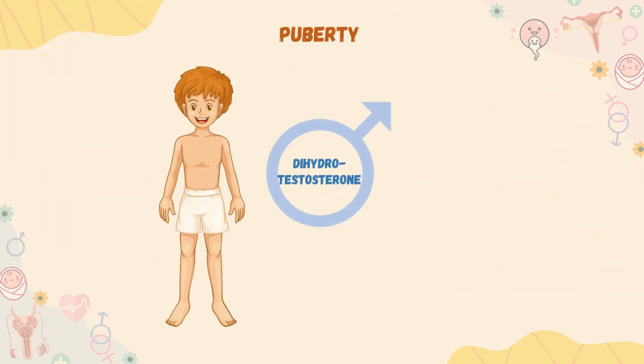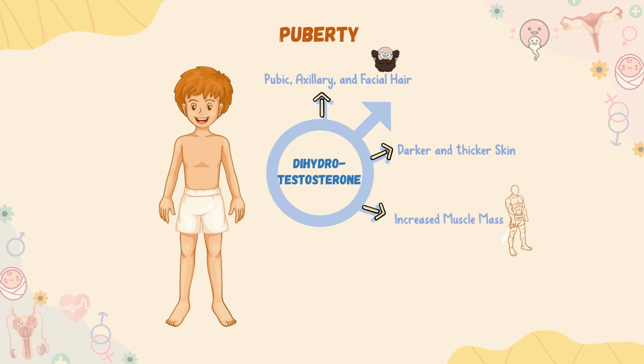Whereas, in males, it is believed that the testosterone metabolite, dihydrotestosterone, plays a significant role in the development of secondary sexual characteristics. These include pubic, axillary, and facial hair, darker and thicker skin, increased growth, along with an increase in muscle mass, deepening of the voice as a result of a larger larynx.